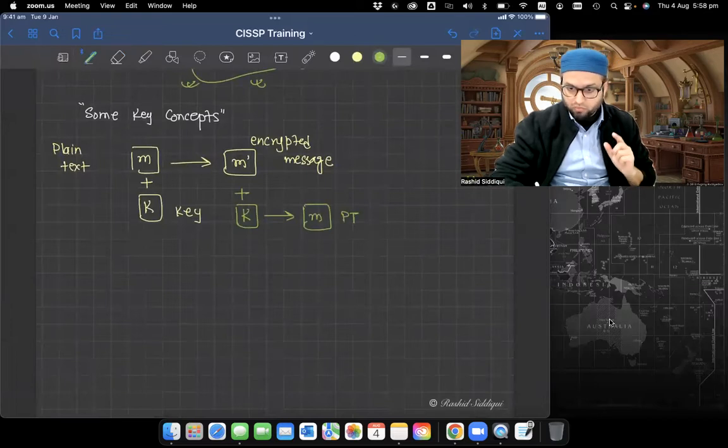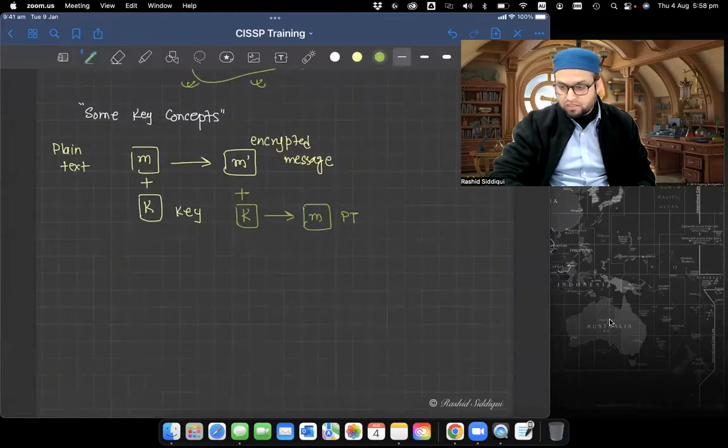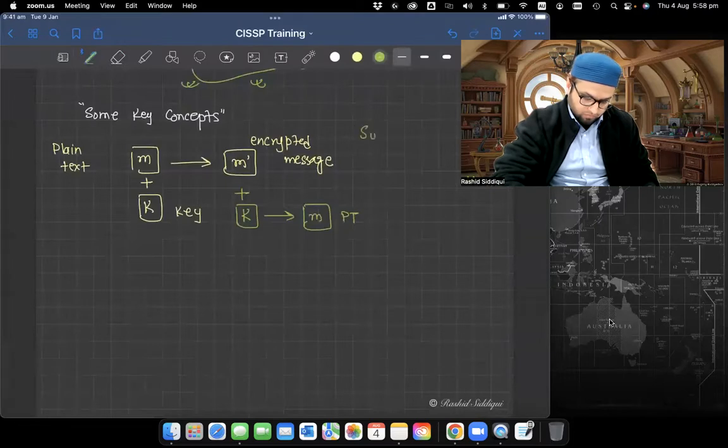So this is one fundamental formula, that a key can be used to encrypt and the same key can be used to decrypt. If this formula is something we are applying, this is called symmetric encryption, basically.